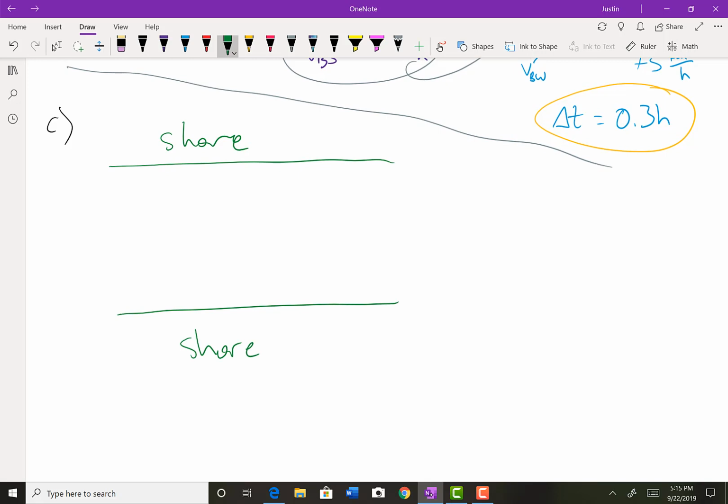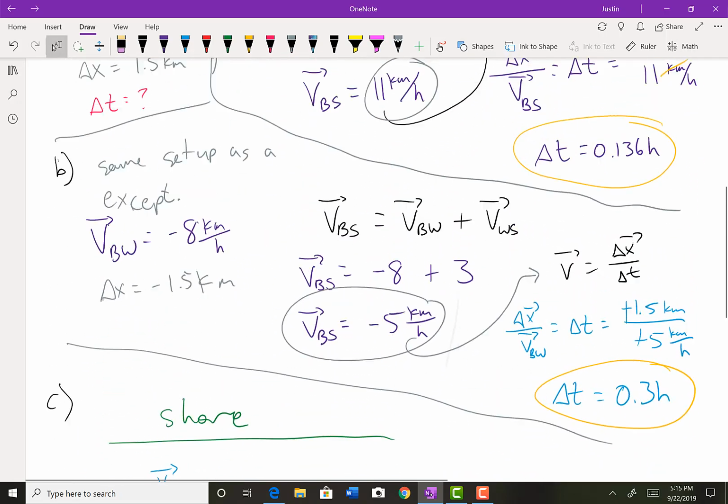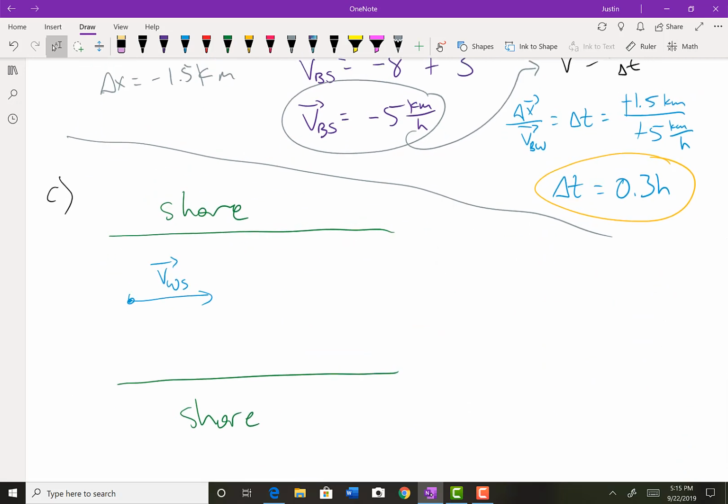Shore, and it's saying, well, the river is still going to be the velocity of the water with respect to the shore is still pointing this way at the same speed. That hasn't changed. 3 kilometers per hour. So I can write that in, so velocity of the water with respect to the shore is still 3 kilometers per hour.